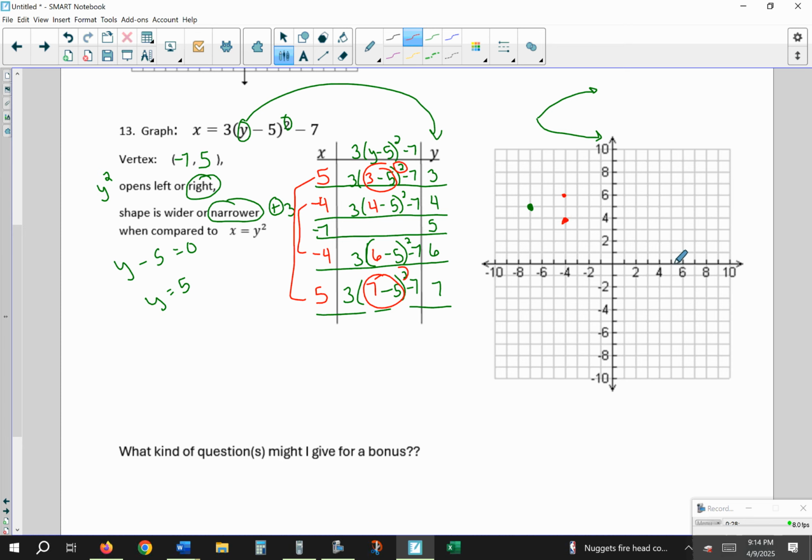Then positive 5 and up 3, 1, 2, 3, 4, 5, 6, 7. And again, this was a very narrow parabola. But it's still going outward in both directions, still has an arrow in both directions.